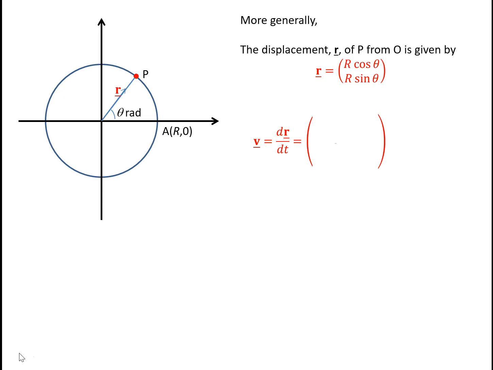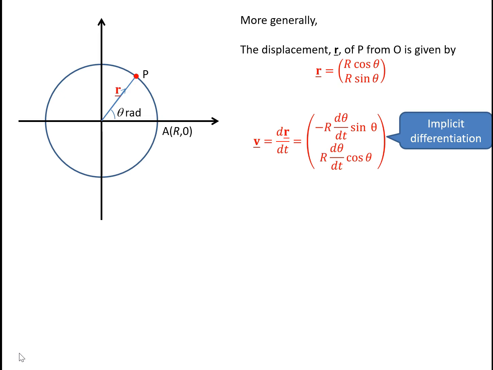So the velocity is dr by dt, and on the x component I want to find the derivative with respect to t of r cos theta, and that is going to give me minus r sine theta d theta by dt. Similarly, for the y component, I need to differentiate r sine theta with respect to t, and I'm going to get r cos theta times d theta by dt.